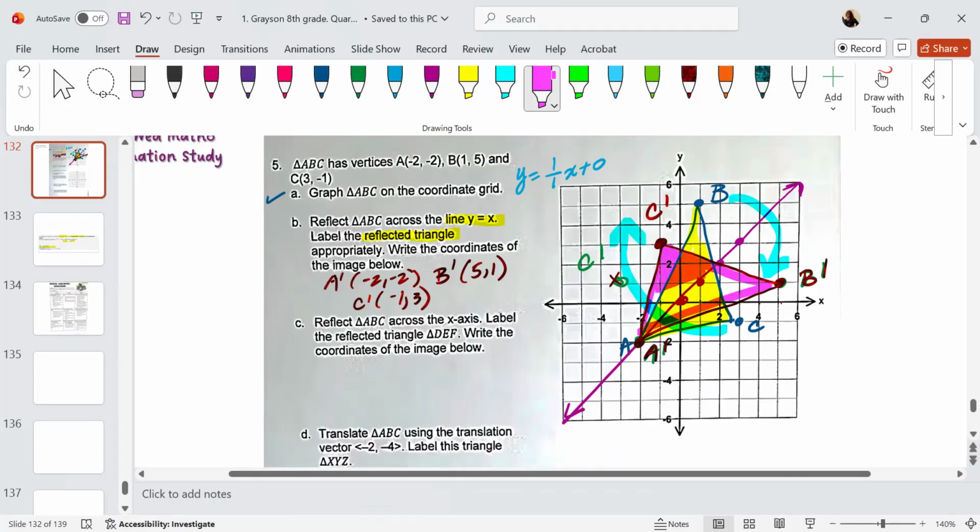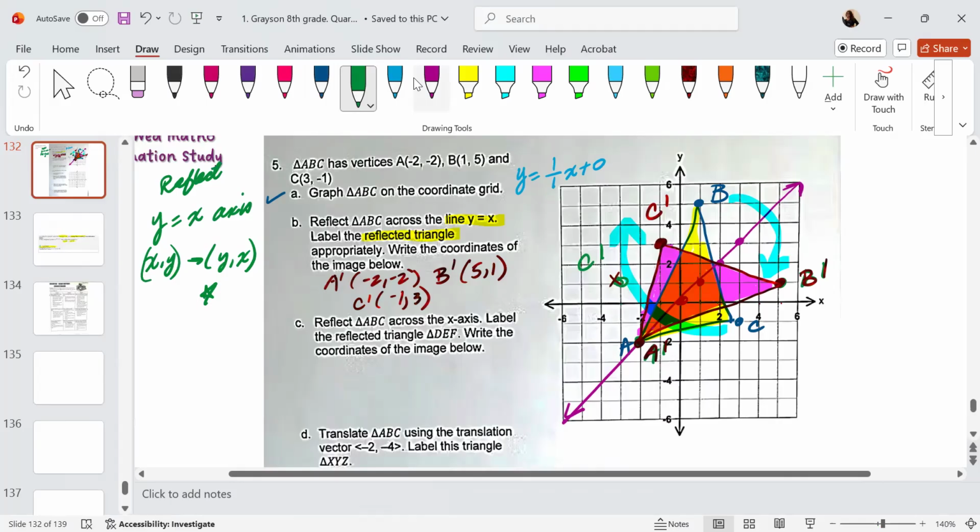So make sure you color yours. And that is what it is. So remember, y equals x axis. The formula is xy is just going to be y comma x. Do you understand that? I'm going to put a star next to it because you literally have to memorize that.